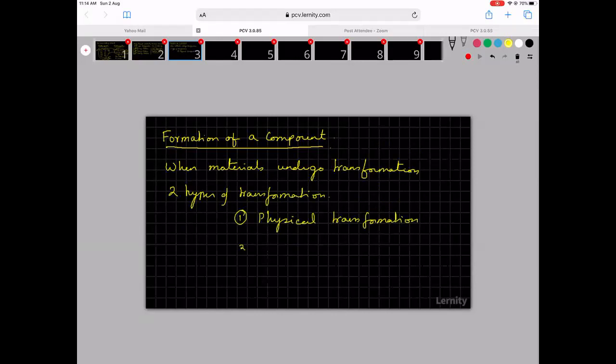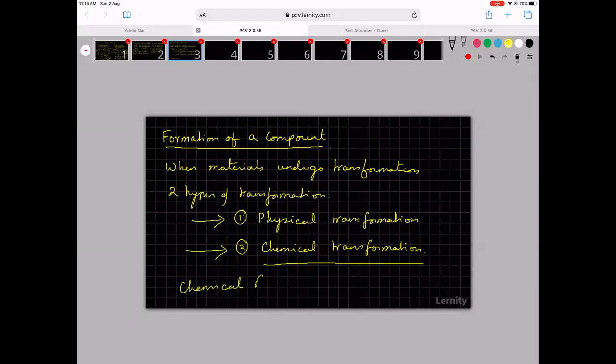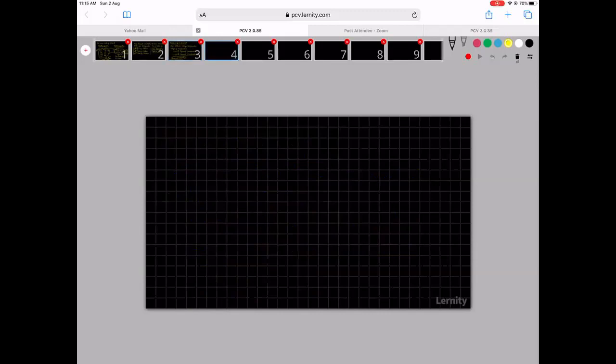A second one is a chemical transformation. Materials undergo two types of transformation: physical transformation and chemical transformation. A chemical transformation is also called a chemical reaction. So we will look at chemical reactions.